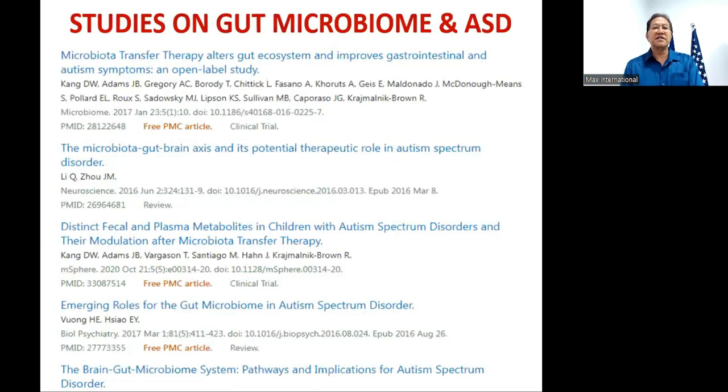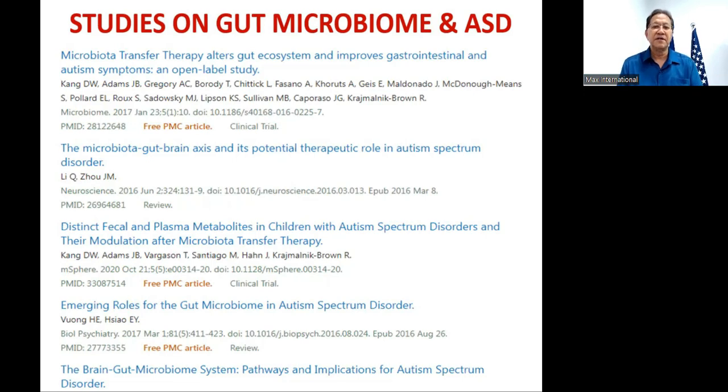Okay, so these are some studies on the gut microbiome and ASD. Microbiota transfer therapy alters gut ecosystem and improves gastrointestinal and autism symptoms. Then microbiota gut-brain axis and its potential therapeutic role in autism spectrum disorder. Distinct fecal and plasma metabolites in children with autism spectrum disorders, and their modulation after microbiota transfer therapy.